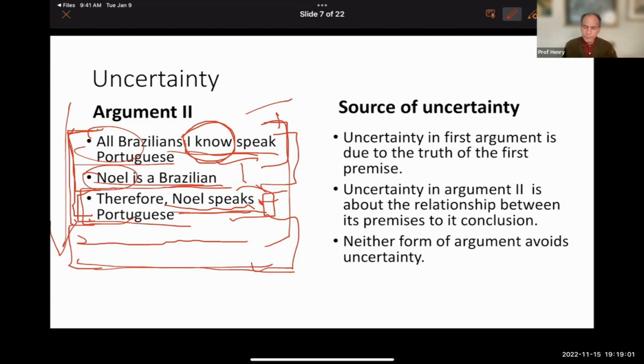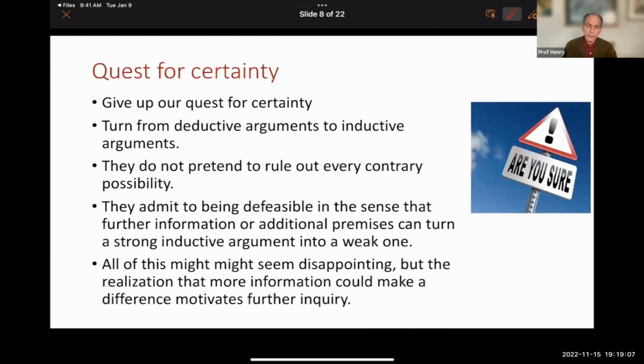So essentially, what I'm trying to say is that it's this quest for certainty with deductive argument. We have to give up making arguments based on deduction.